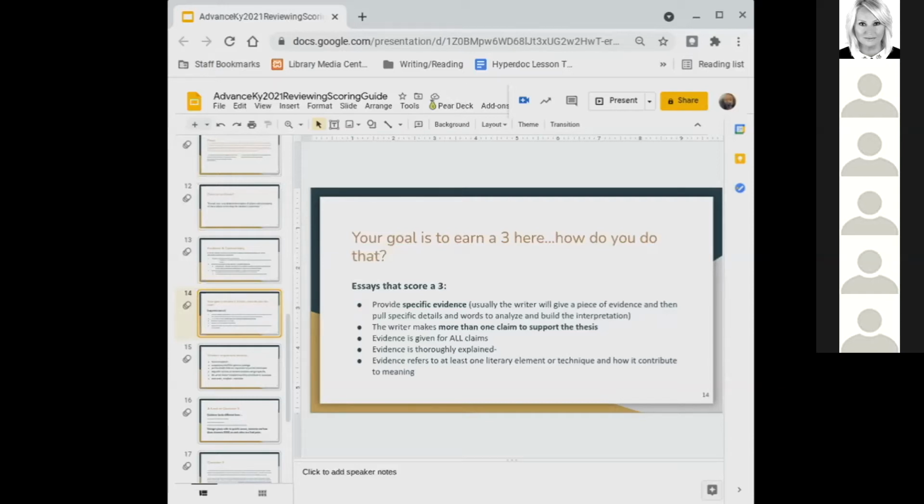Fourth bullet, you have to thoroughly explain your evidence. So again, I want you to think about your essays. Now, I'm going to talk about essay 3 separately. So think about poetry and prose.